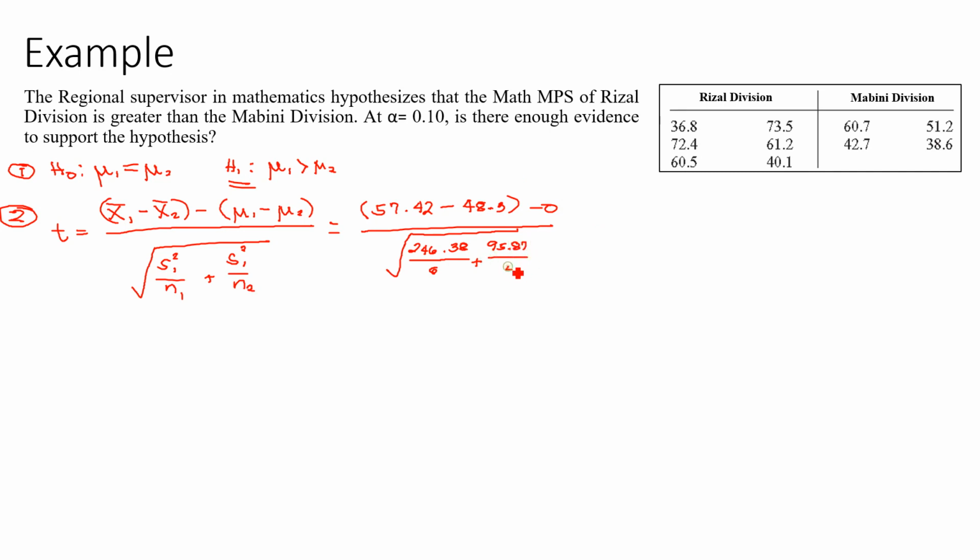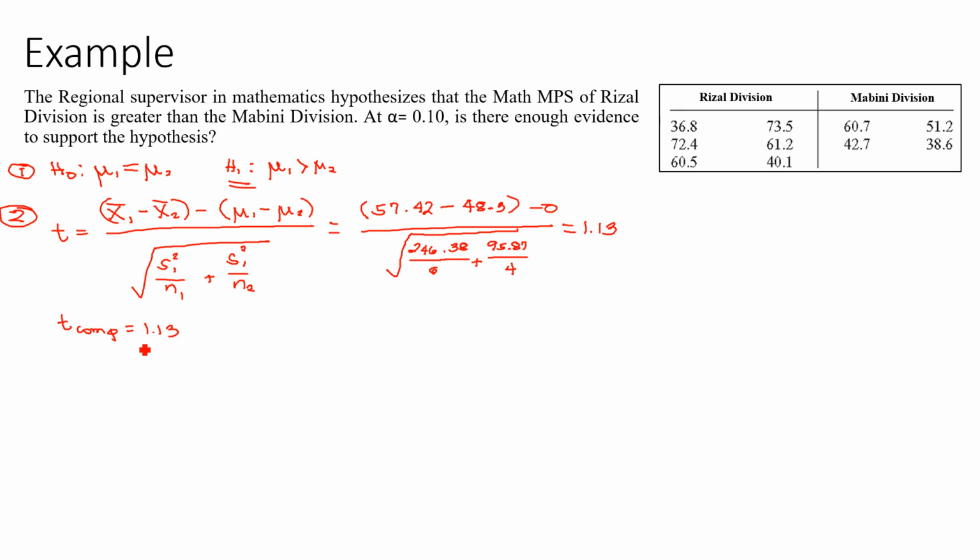Okay. From our Excel, that is equal to 1.13. So in other words, our computed t-value is equal to 1.13.